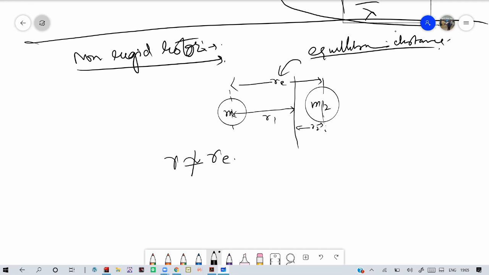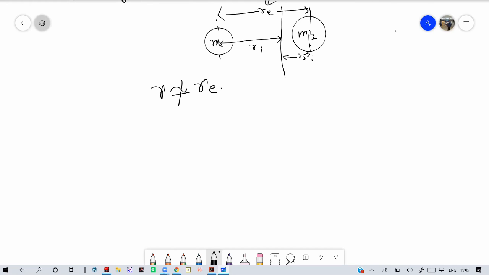This is the equilibrium distance before any rotation. Okay, and when a molecule rotates at very high speeds, with very high angular velocity or angular frequency, then the molecule will tend to vibrate because of the very high angular speed of the atoms.